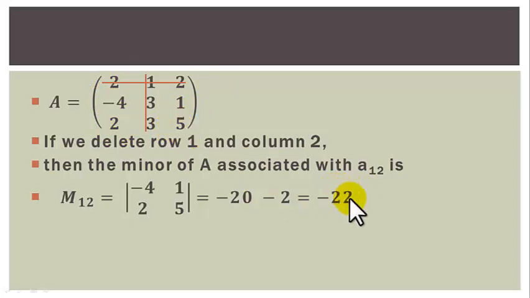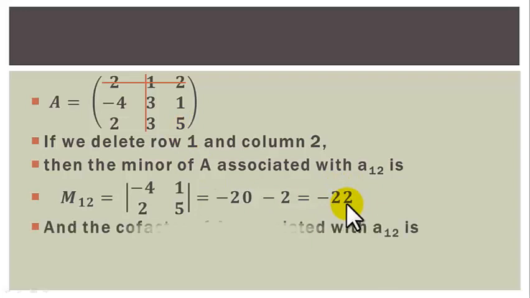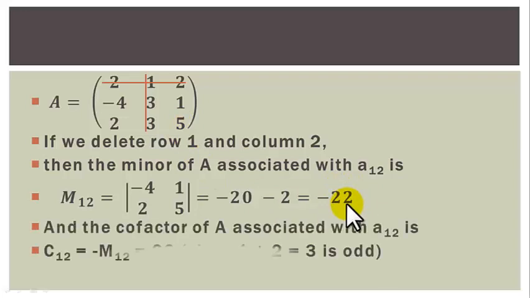And that determinant will give us minus 22. And the cofactor of A associated with A12 is C12. And C12 is equal to minus M12, since 1 plus 2 is odd. And that will give us 22.